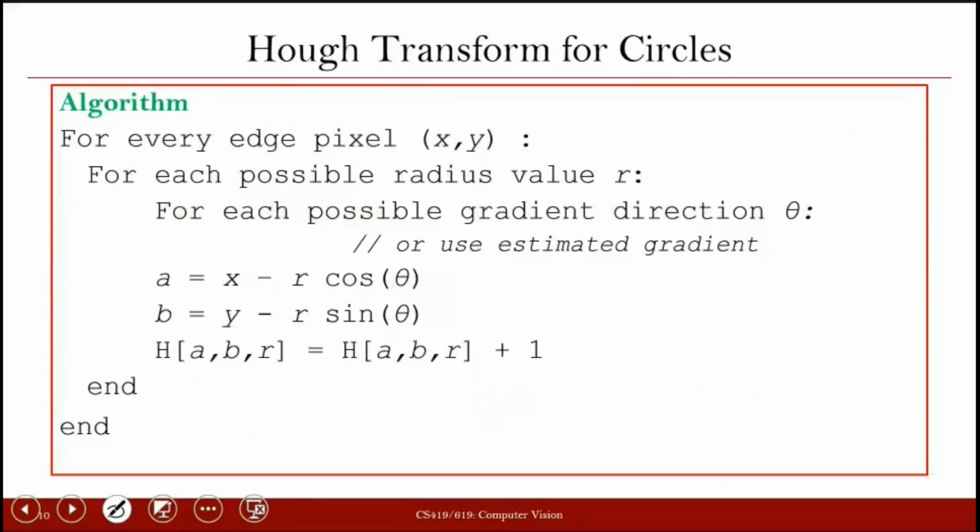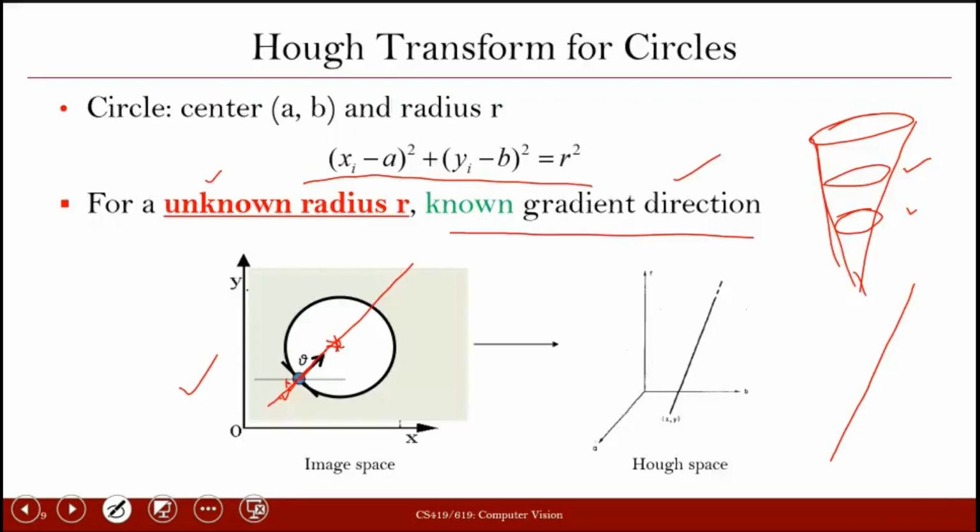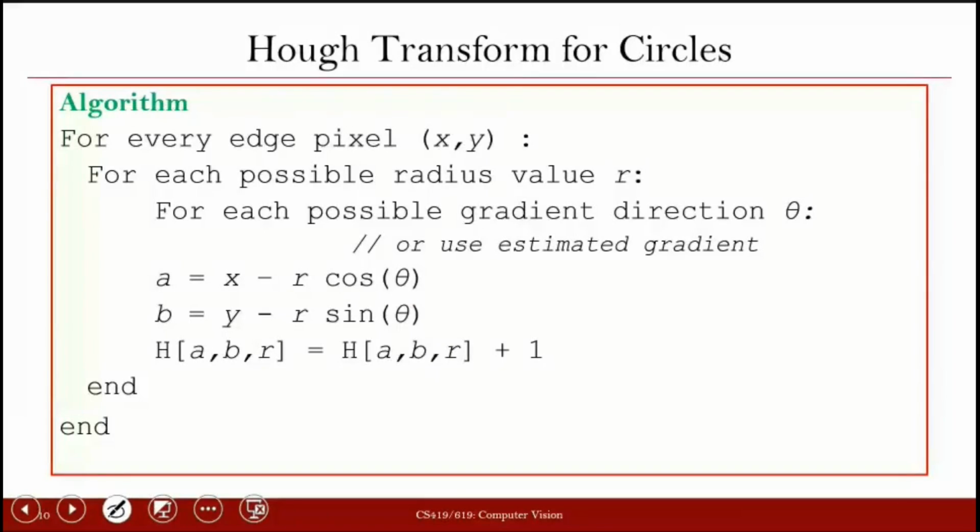If the x-axis and y-axis are defined like this, and you have a point on the circle, its value can be defined parametrically as x equal to a plus r cos theta and y equal to b plus r sin theta. Since we are going to compute a and b, they are on the left side, and x and y are on the right side. We get these equations using the parametric equation of the circle.